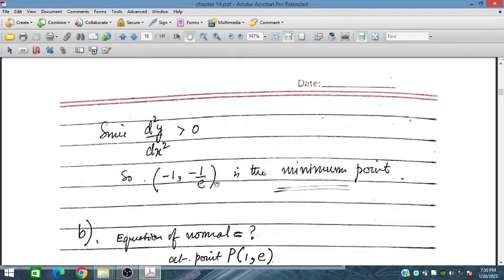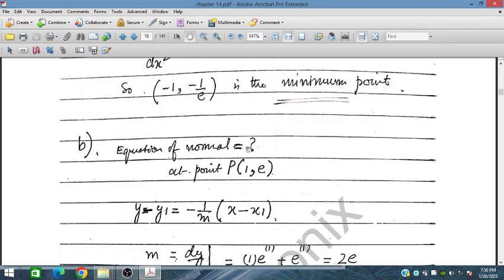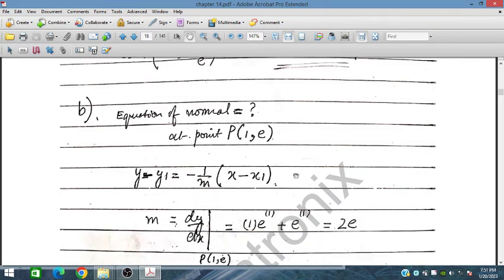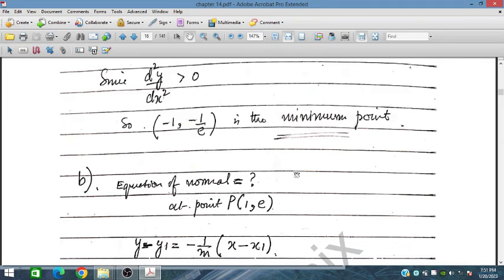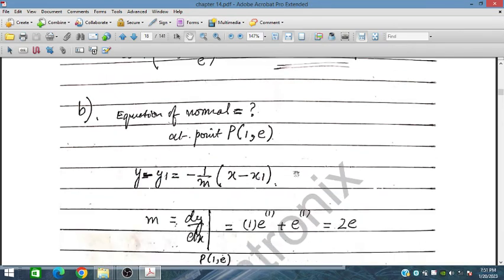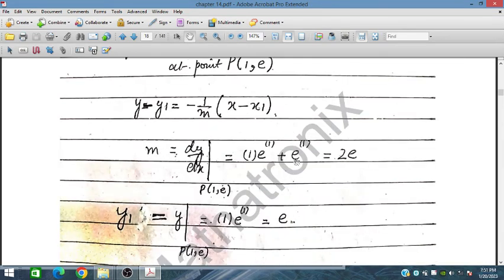This is the stationary point, and now the equation of the normal at that point. So we have this x1 and y1 available. So the slope of the normal is the negative reciprocal of the slope of the tangent. So this m is basically 2e, this is the slope from dy by dx.